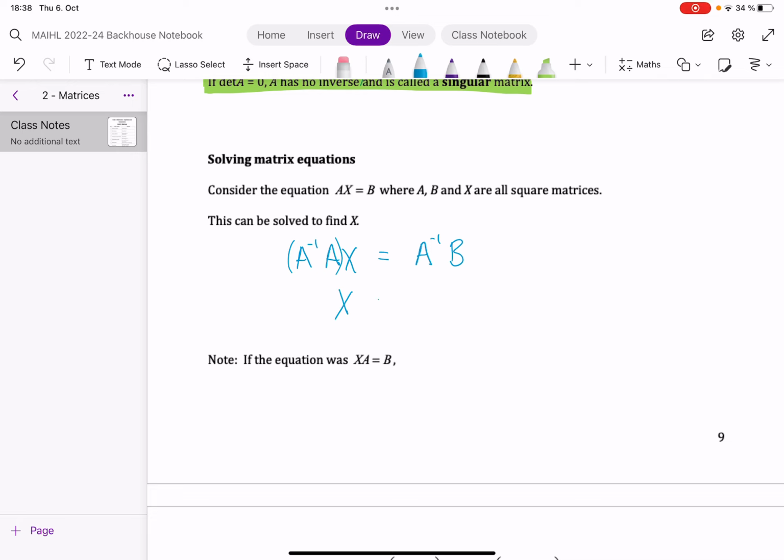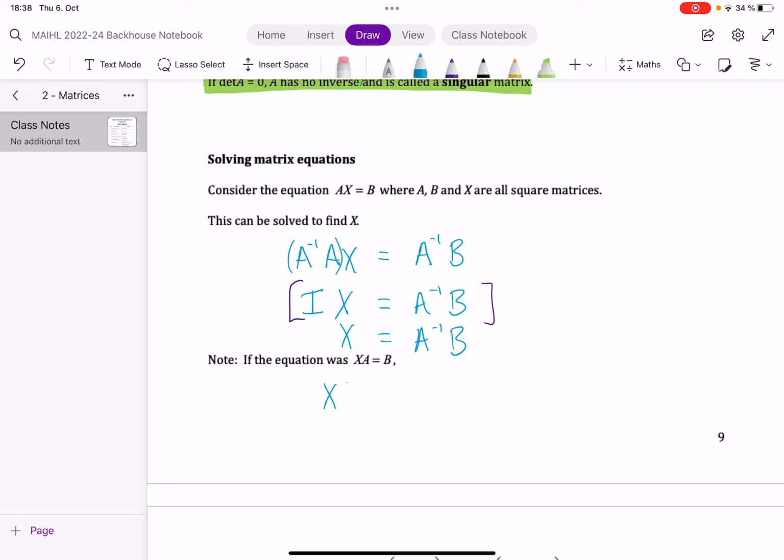So what we end up with is X equals the inverse of A times B, because the identity matrix is effectively like multiplying by 1. There we are. If you were actually answering questions like this, you would probably not bother writing out this step. But as it's the first time we're doing it, I'm of course writing it out.